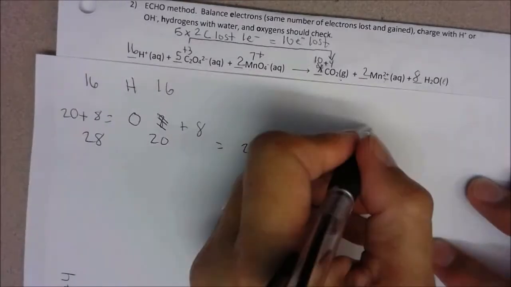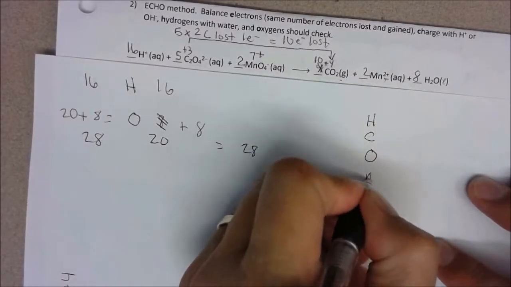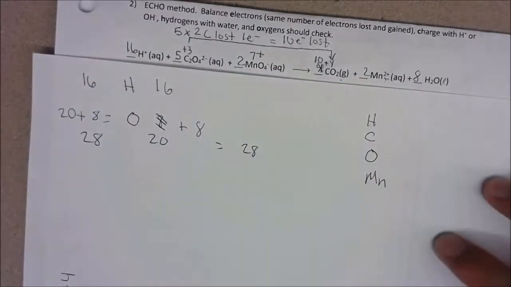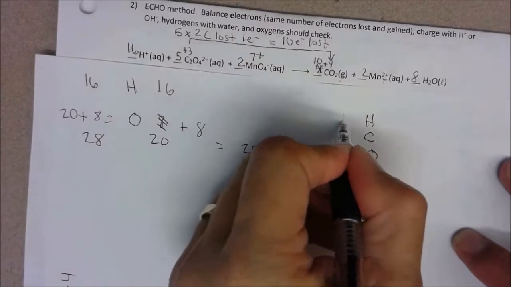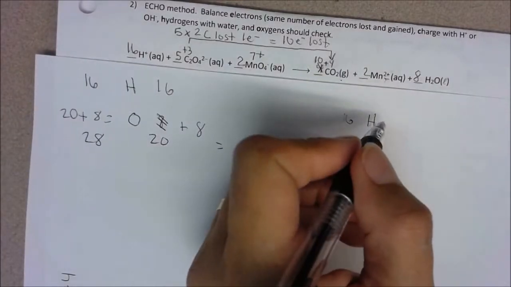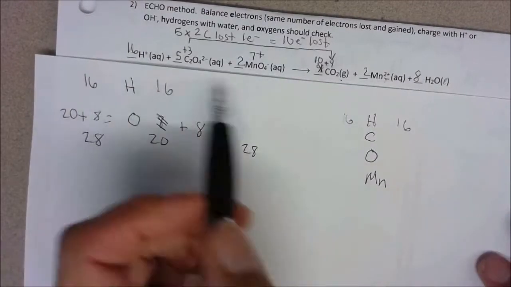Now, it is always a good idea to make a little table for yourself of each atom. Notice none of the species stayed unchanged during the reaction. So this is our final double check, make sure it all worked. We have 16 hydrogens on this side, 16 on the other from the water.